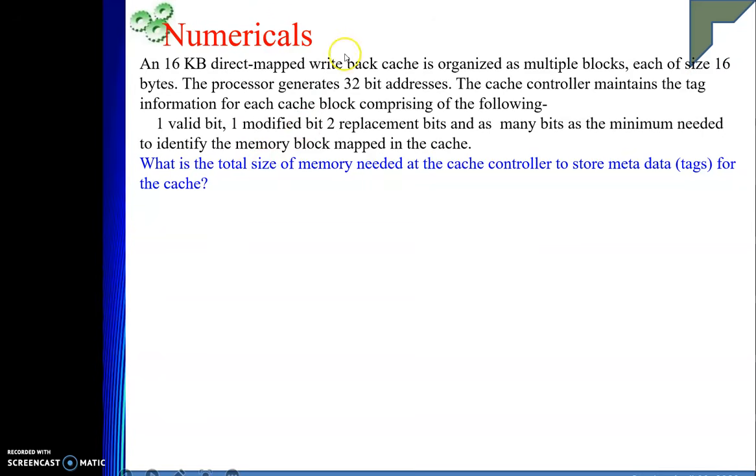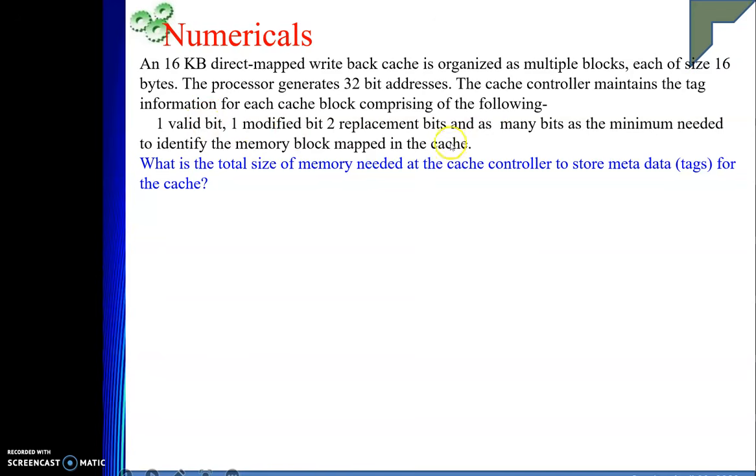Modified bit, because I am using write back cache. Modified or dirty bit is the same. And 2 bits we are using for replacement, to know which block is LRU and so on. So my replacement algorithm is also using some bits, that is 2 per block, and as many bits as the minimum needed to identify the memory block mapped in the cache. That means this part is talking about the tag field coming from my address part, right?